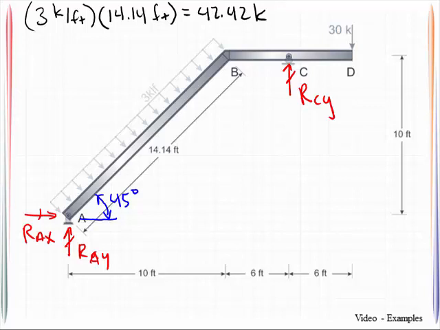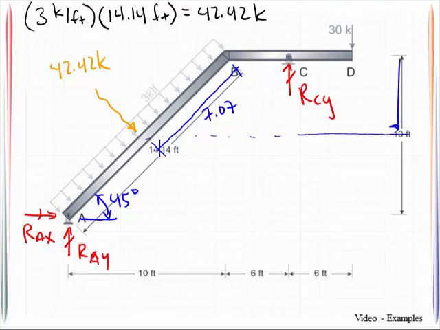So here is our resultant, 42.42 kips, and that dimension will be, of course, half of that distance, 7.07. Or if you wanted to look at the vertical projection of that, it would be 5 feet down.